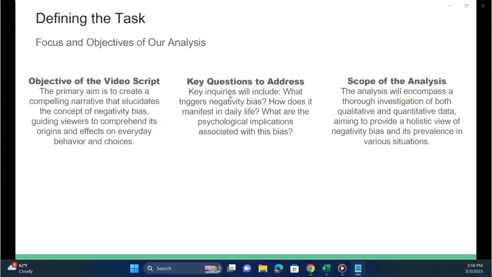Some key questions we have to address will include what exactly triggers negativity bias, how does it manifest in daily life, and what are the psychological implications associated with this bias.